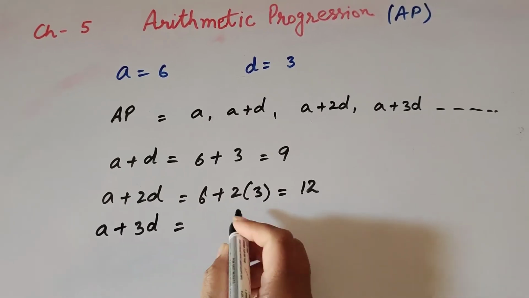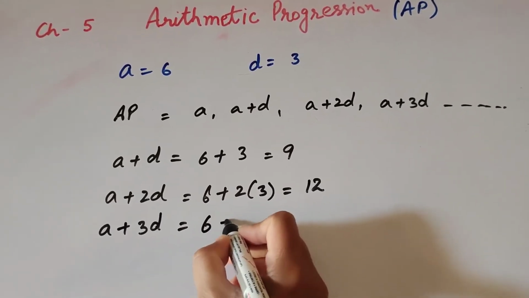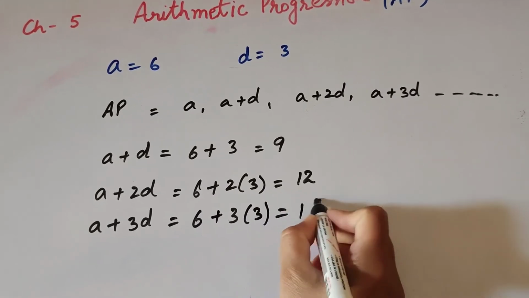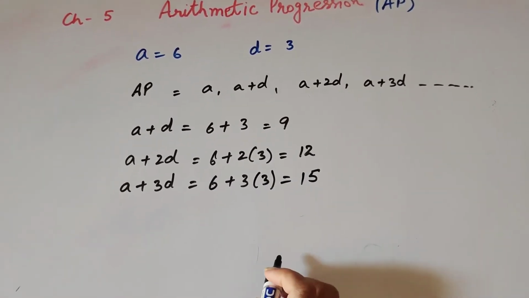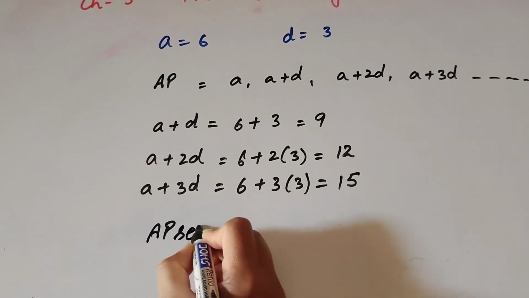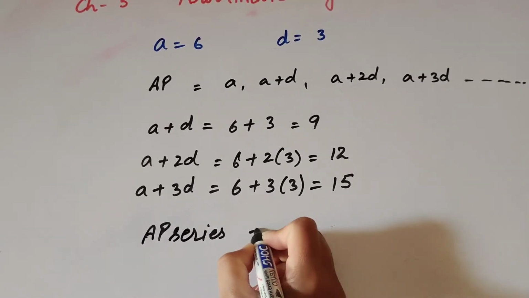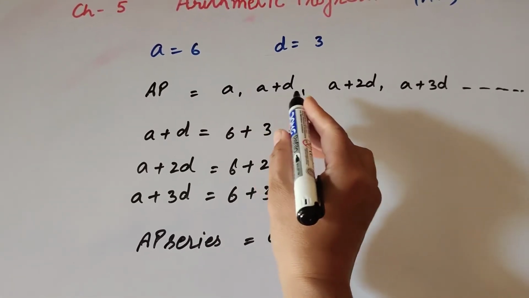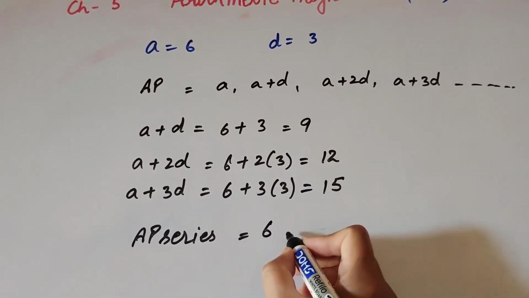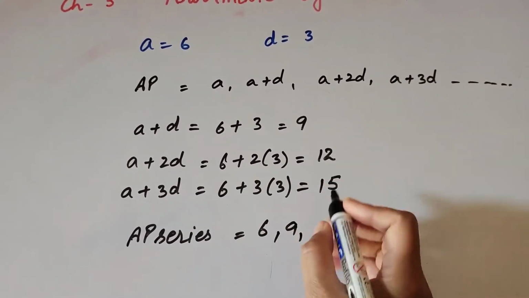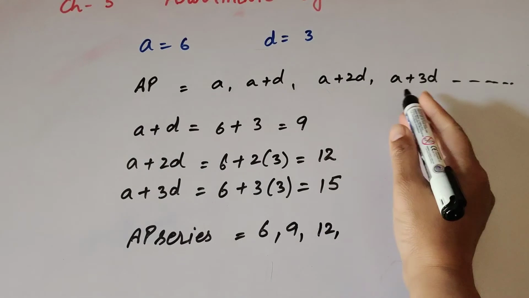A is equal to 6 plus 3 into D. D is the difference, it is also given 3, and it is equal to 15. So the AP series is: A, A is first term, it is 6. A plus D is equal to 9. A plus 2D is equal to 12. And A plus 3D.